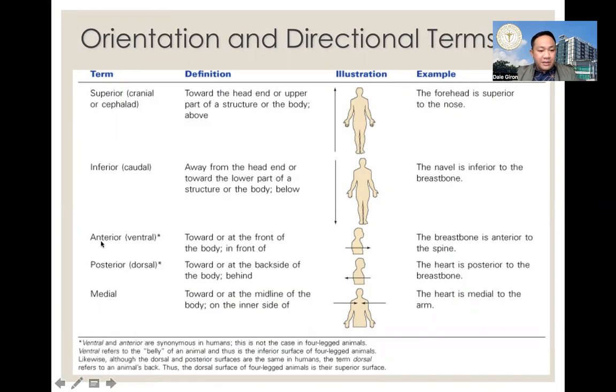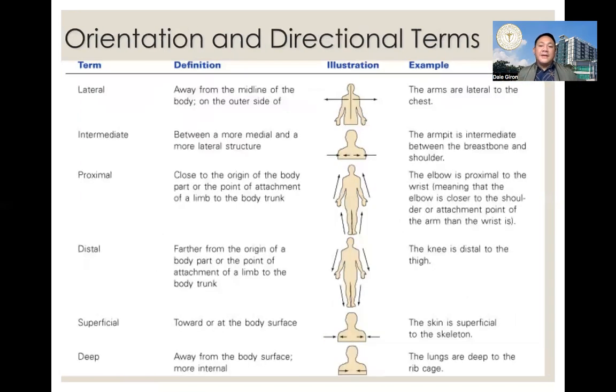So example of medial, the heart, okay, the heart is medial to the arm. So if this is the arm, papunta sa gitna, heart is always on the middle or the midline. So the heart is medial to the arm. Okay, let's discuss the lateral. So the arms are lateral to the chest because chest area is nasa middle. When we are describing lateral, lateral is papunta sa side.